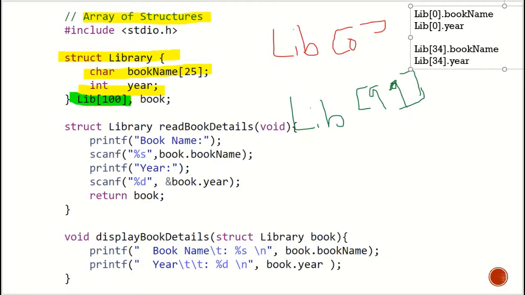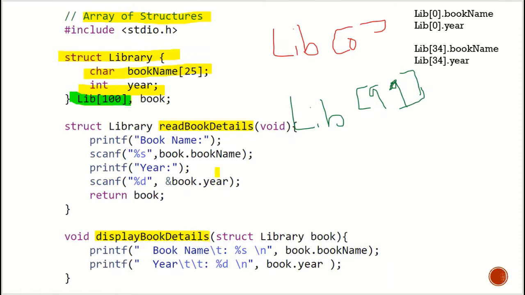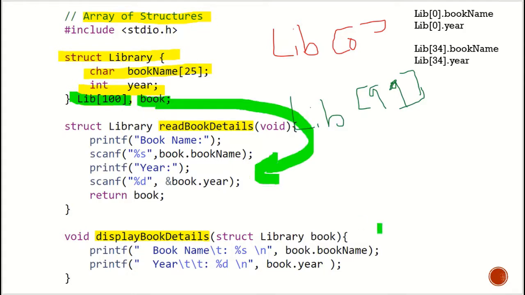Now continuing with the program. The same two functions, that is read book details and display book details, are used for reading and displaying the book details, with book as the formal structure parameter of both the reading operation and the writing operation.